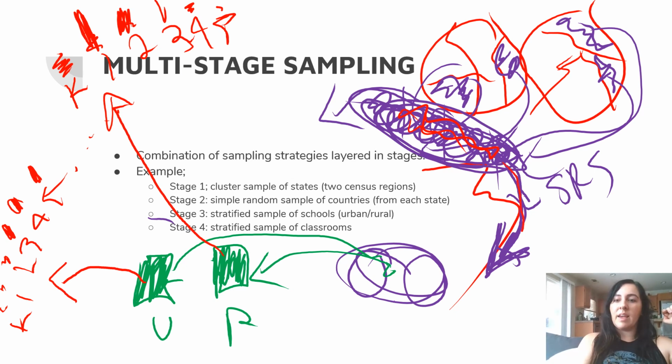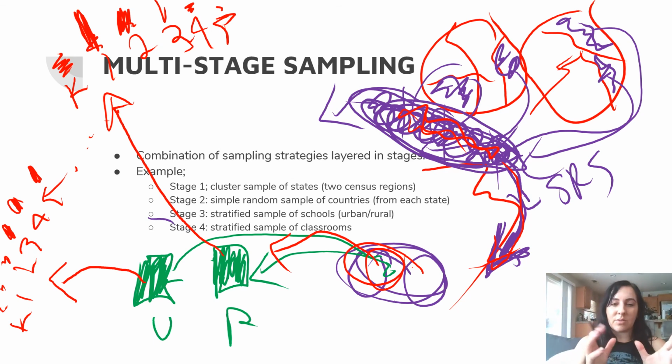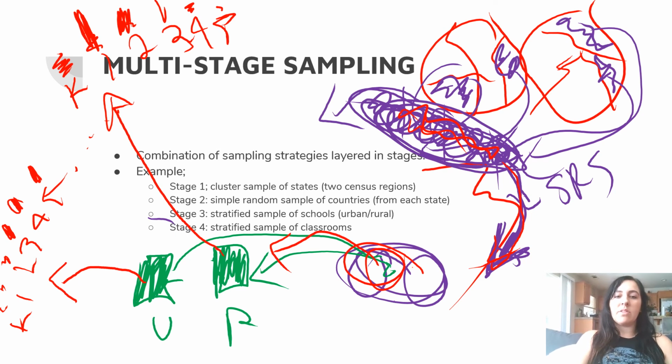And then from there, we were able to take a stratified sample of the schools and put them in strata of urban and rural. So separate the schools into urban and rural. And then from there, we were able to further separate the rural and urban schools into classrooms or grades.